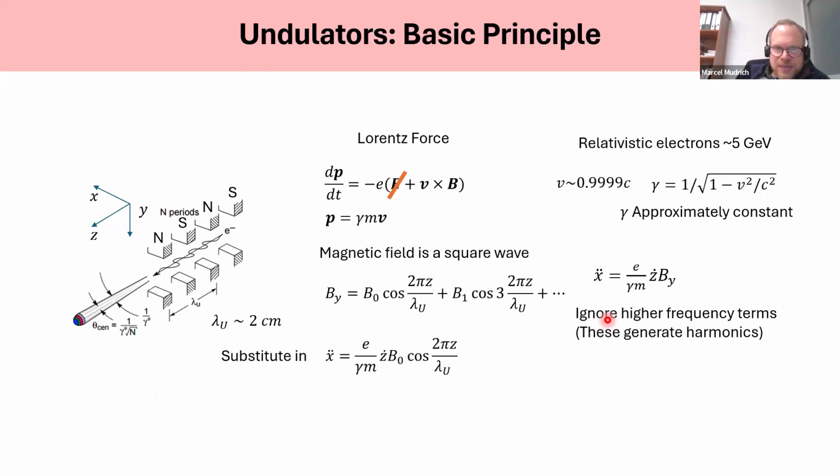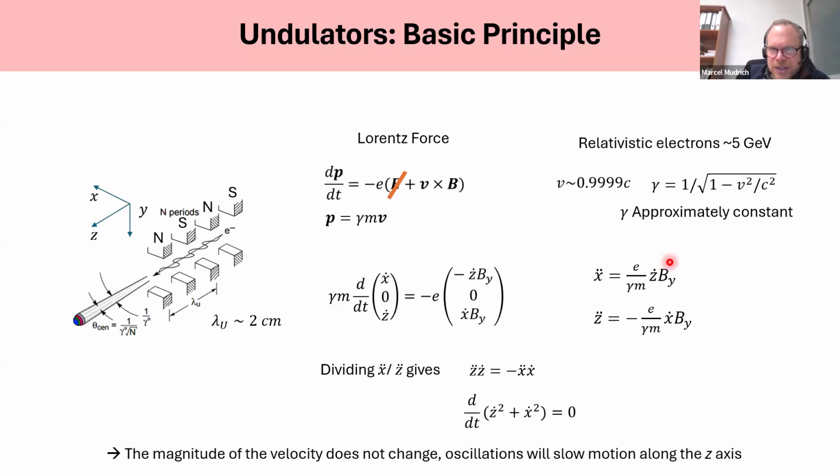And now, if we substitute, this was the expression we got just before for the double derivative of the motion of the electron along x. That was the expression from the slide before, written here.